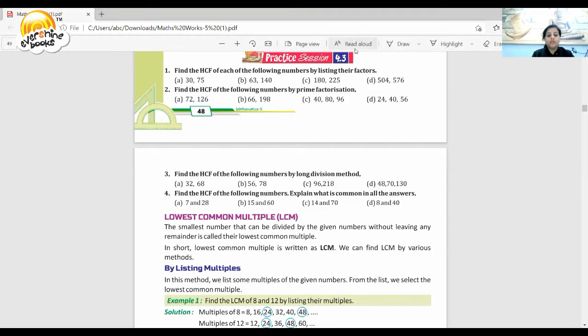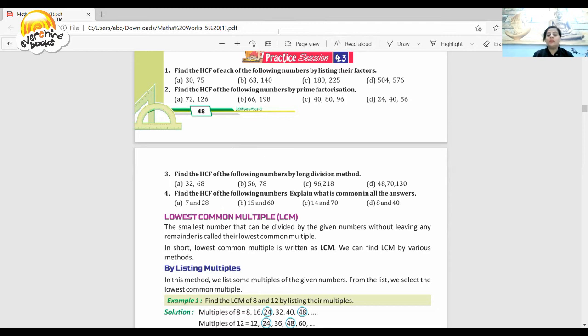Likewise. Now, the fourth point is to find the HCF of the following numbers. Explain what is common in all the answers. 28 is a multiple of 7, and 7 is a factor of 28. So 7 fours are 28, it goes in fully without any remainder. 15 fours are 60, 8 fives are 40.